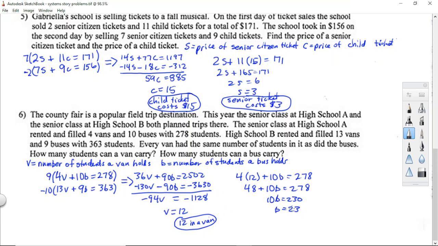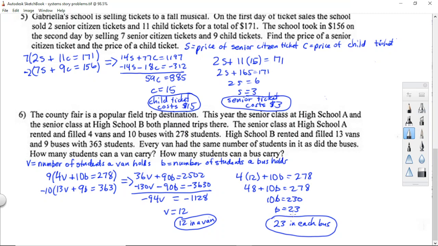How many fit on the bus? B equals 23. 23 in each bus. So 12 fit in each van, 23 in each bus.